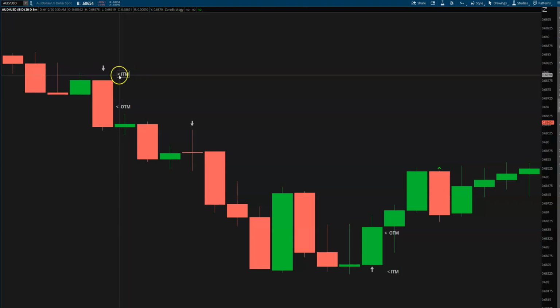In other words, if it opens and you sell a strike that's above the opening, it's called in the money because it's already profitable. But you're not going to get the same kind of premium that you would get if you're selling out of the money. With an in the money, you may be able to sell it for $30, maybe only $25.